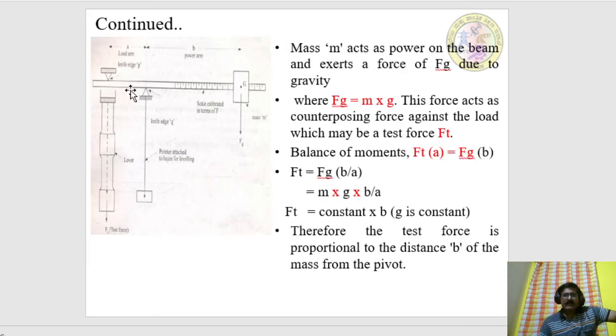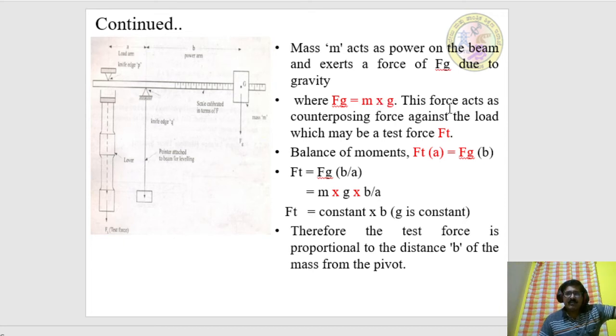Now if we consider a mass of m, which acts as power on the beam and exerts a force of Fg due to gravity, then we can say Fg is equal to m into g, a fundamental equation.